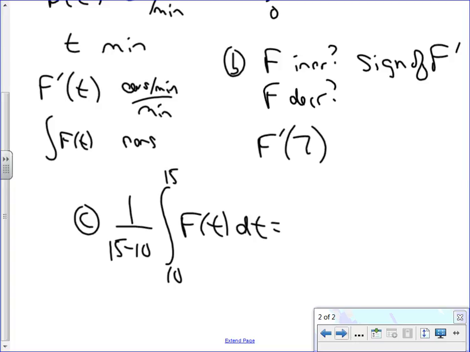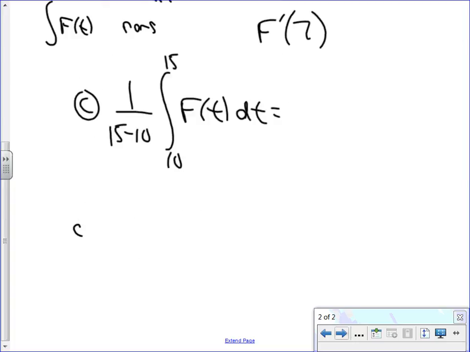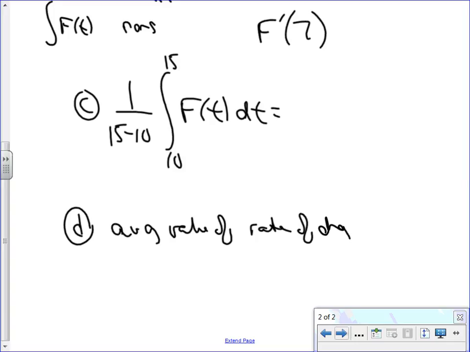Okay. And the last question says, what is the average rate of change of traffic flow? Hold on a second. Average value of rate of change of traffic flow.